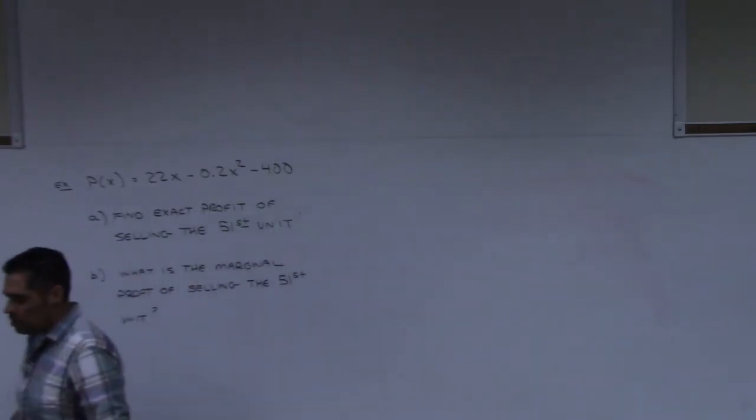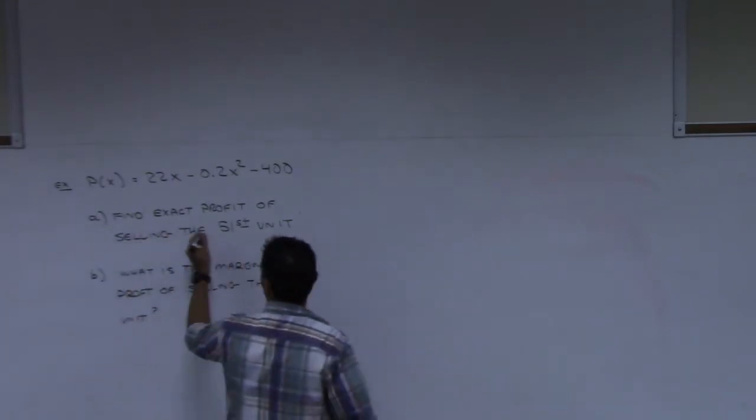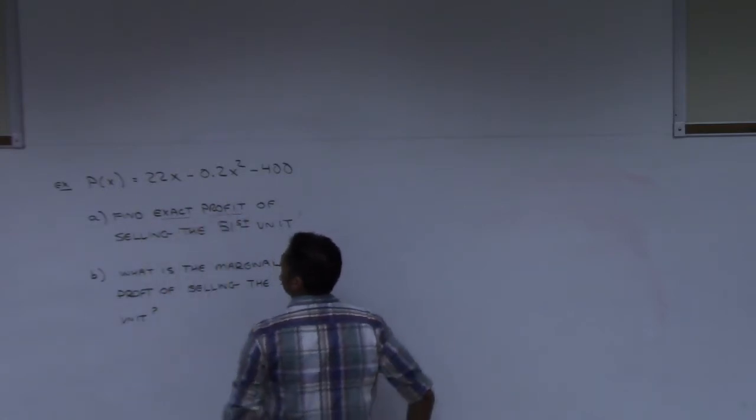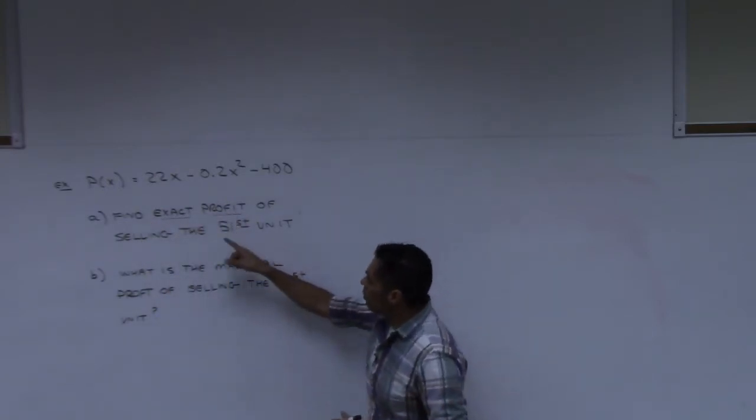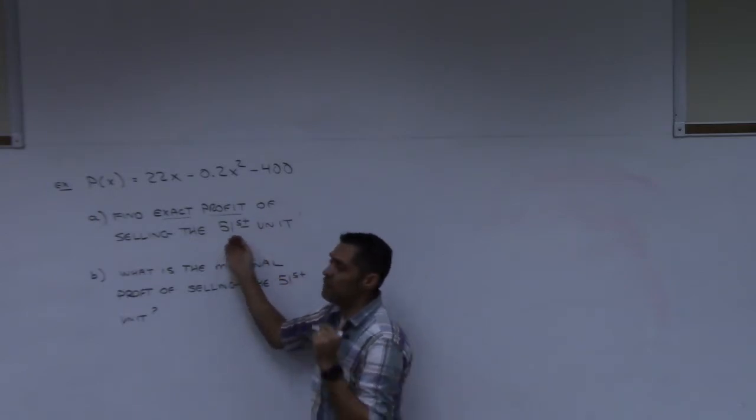Okay, so what is the first one going to be? How do we do the first part, part A? Plug in 51 into what? Into the profit function, and then do what? Subtract from that what? 50 plugged into the profit function. So to do this, when they say find the exact profit, look at the wording: find the exact profit of selling the 51st item.